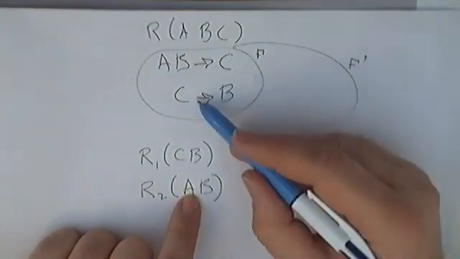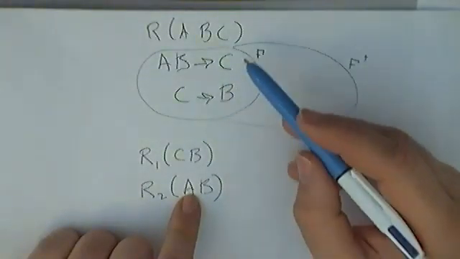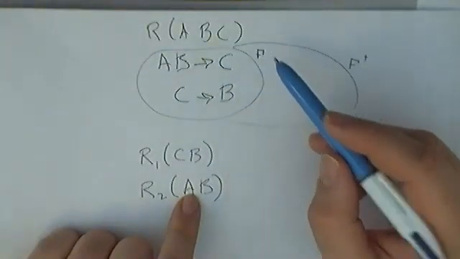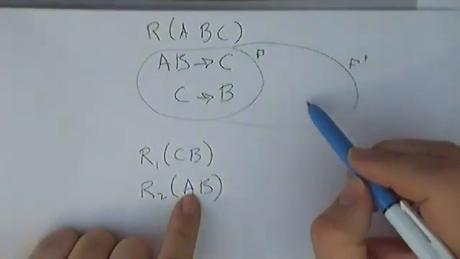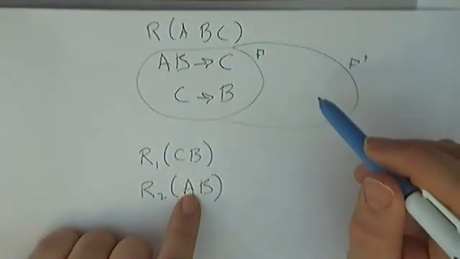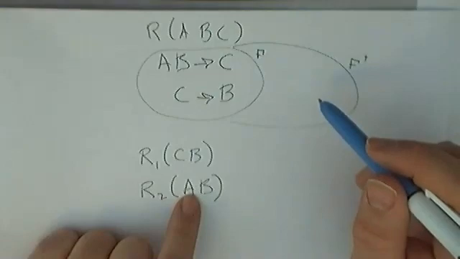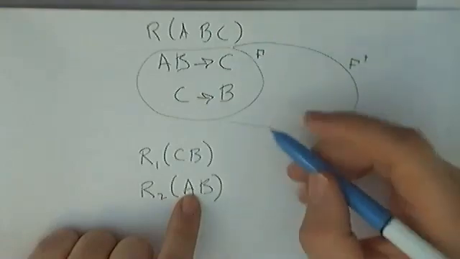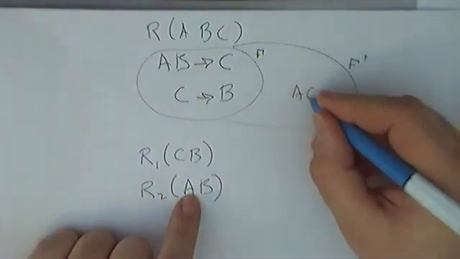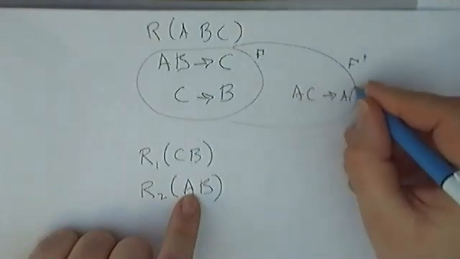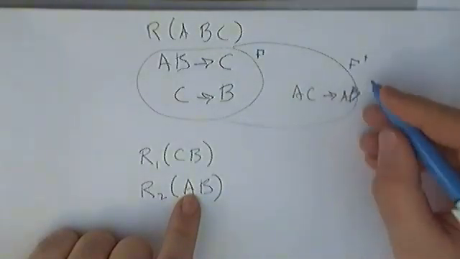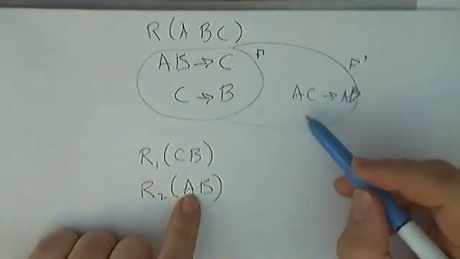The augmentation axiom might be able to derive a new rule. Is there anything else here? No, A goes to B is not in there. There's something right there: AC goes to AB. That's right, so there's the augmentation. We're not going to use it, but there it is.